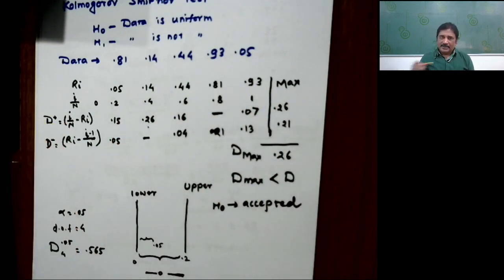Right in the beginning, I know that the data is not uniform, because all the data points lie in the range 0 to 0.2, whereas the data points were expected to lie equally in various baskets. But that's not happening with these numbers, which lie between 0 to 0.2. Got it?